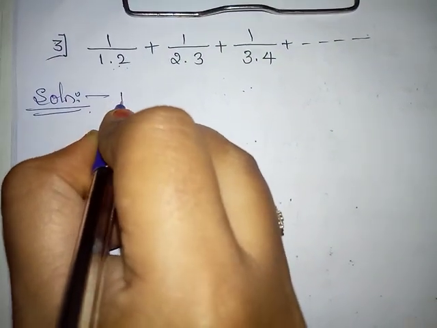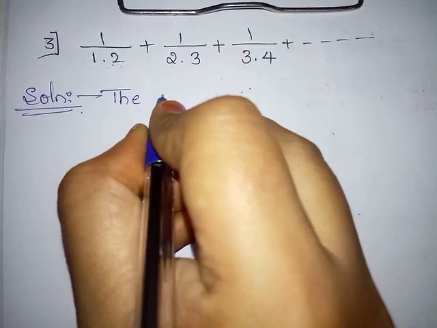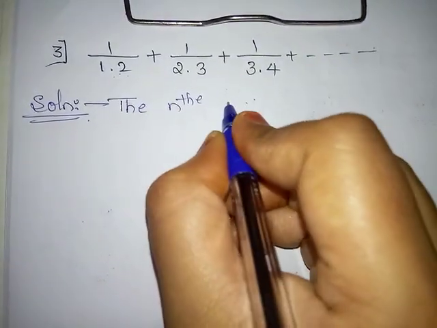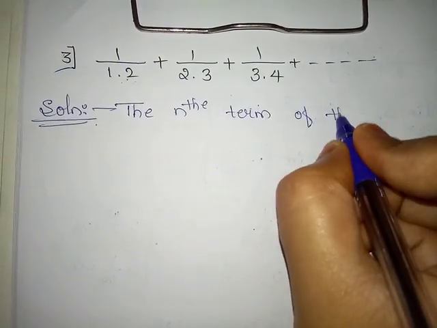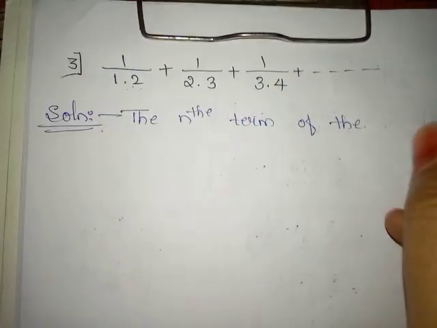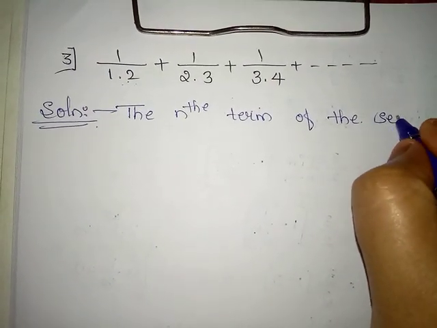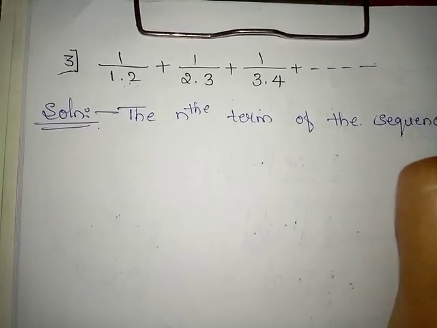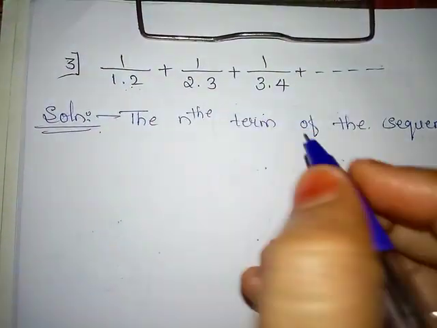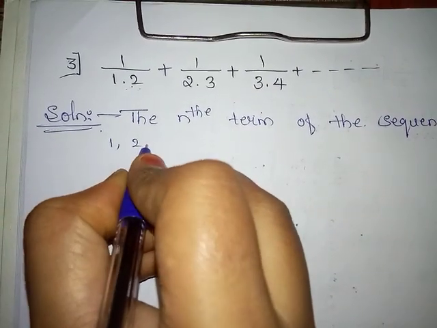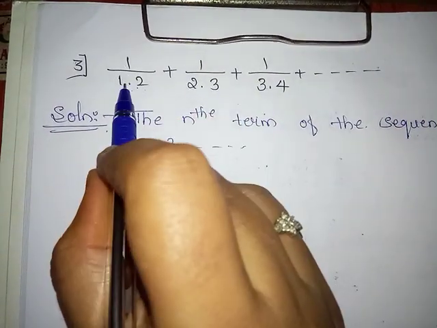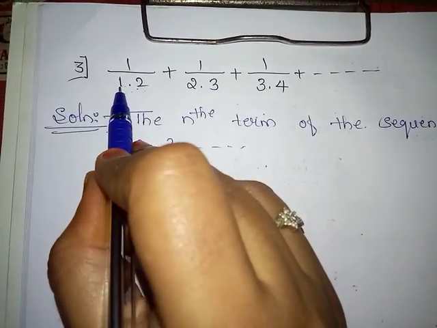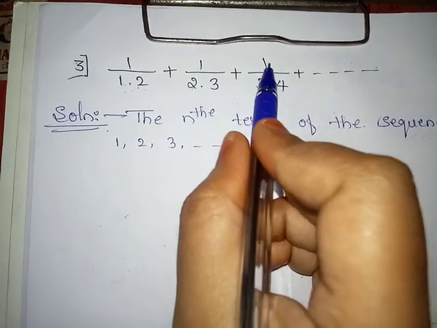For that, the nth term of the sequence 1, 2, 3 and so on, means the first term is 1, the second term is 2, and the third term is 3.